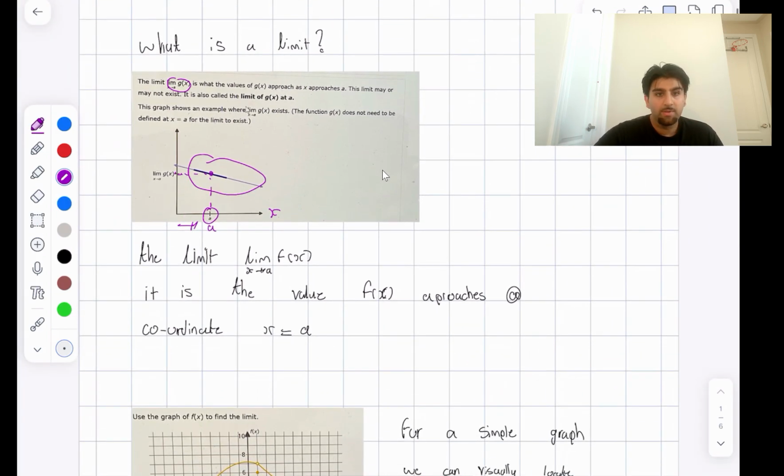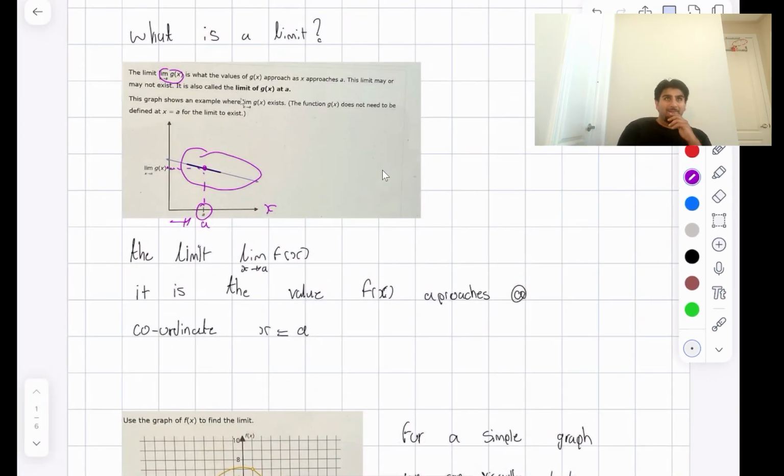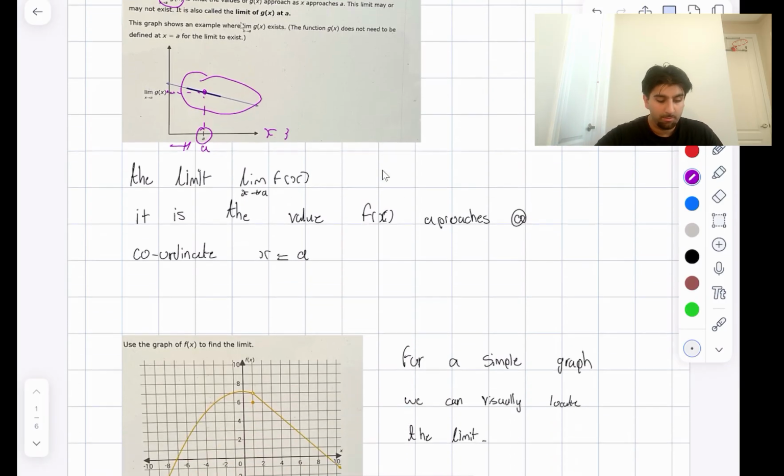It's kind of like an output, right? If these are your function inputs and these are your function outputs, a limit is an output, right?